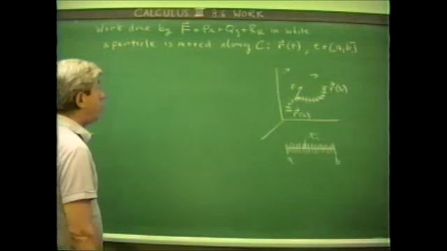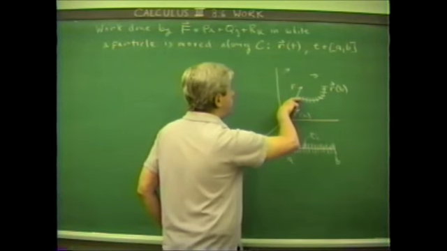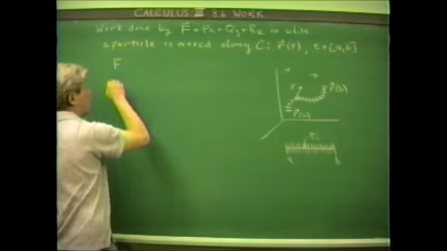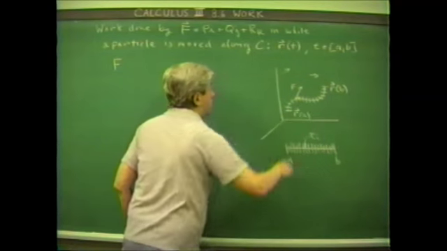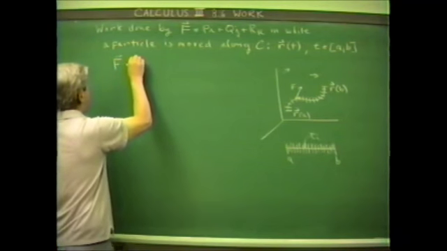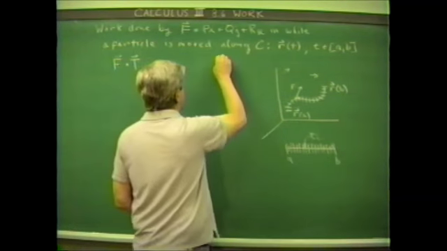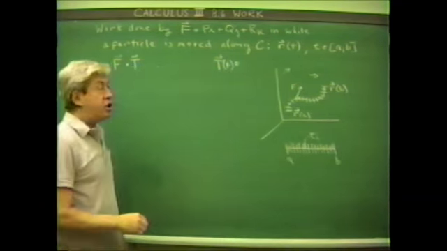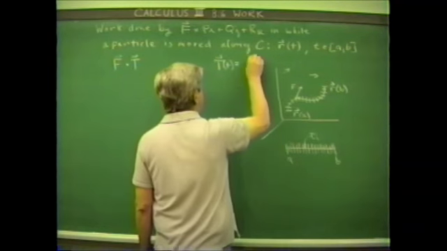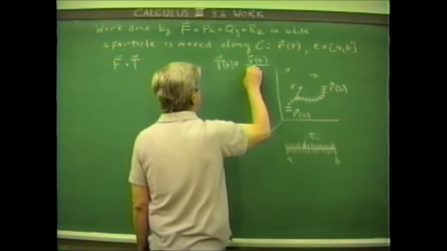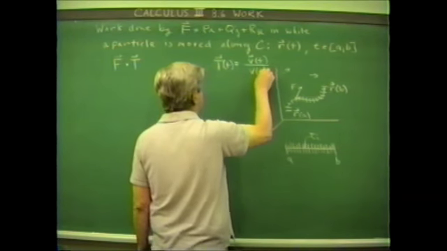So we want to look at the component of the force in the direction of the motion, and that's given by F dotted with T, where T is the unit tangent, v of t over the magnitude of v of t.